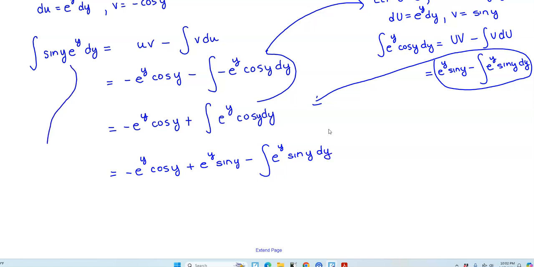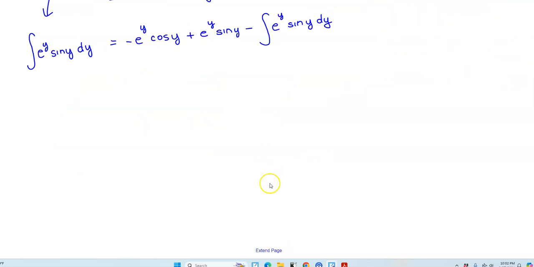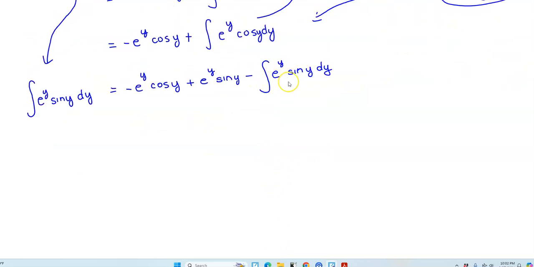Okay, so now we're going to bring this down and rewrite it. So this is the same thing as the integral of e to the y sine of y dy. And you can see that we have the same term on this side. So this is going to be a plus 1. And so we're going to add this integral to both sides.